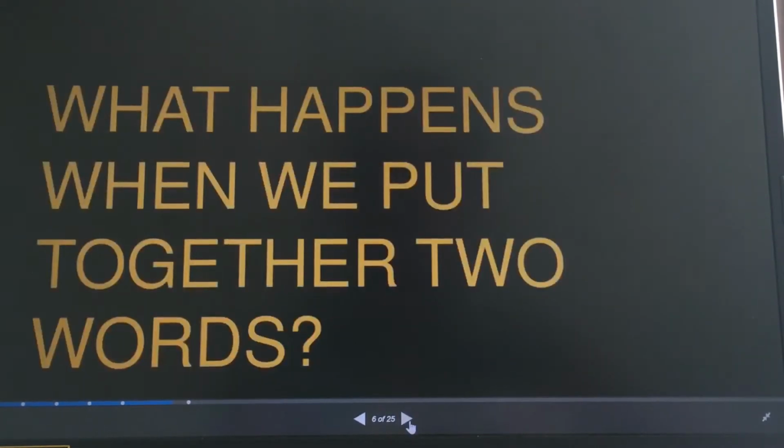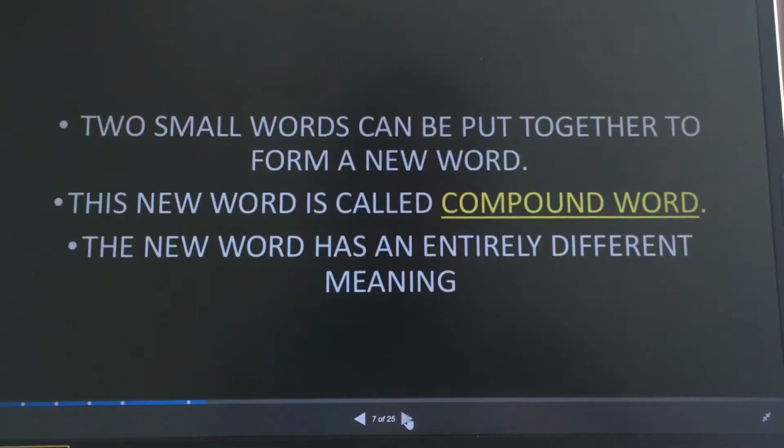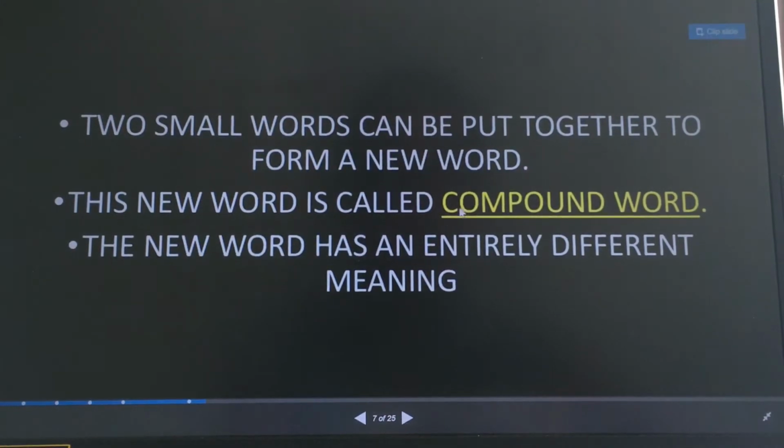Let us learn what happens when we put together two words. Two small words can be put together to form a new word, and this new word is called compound word.